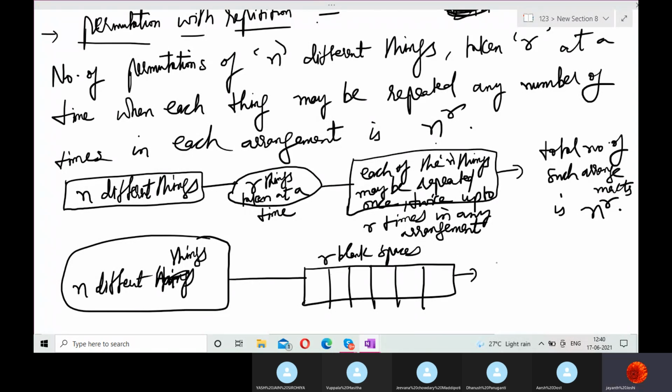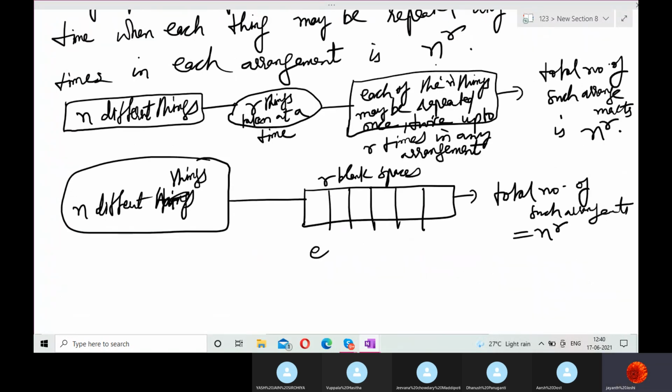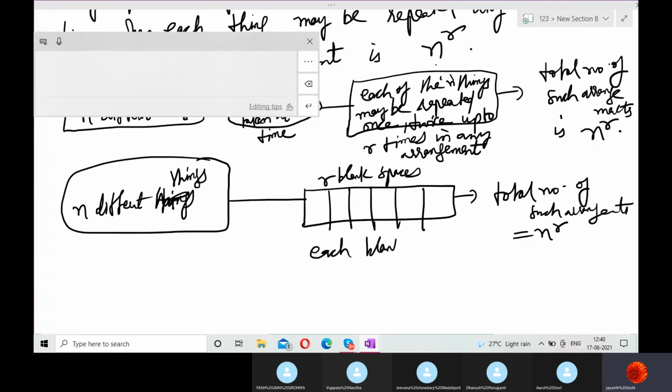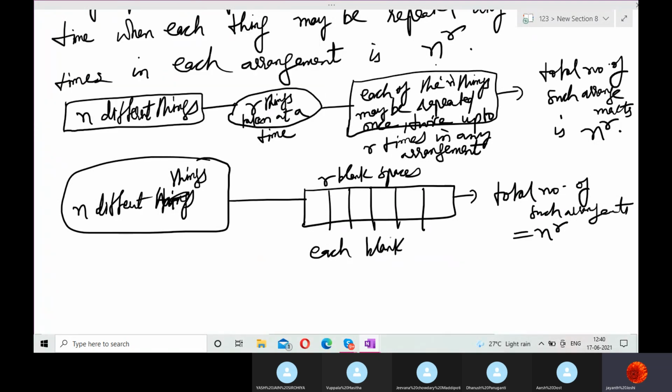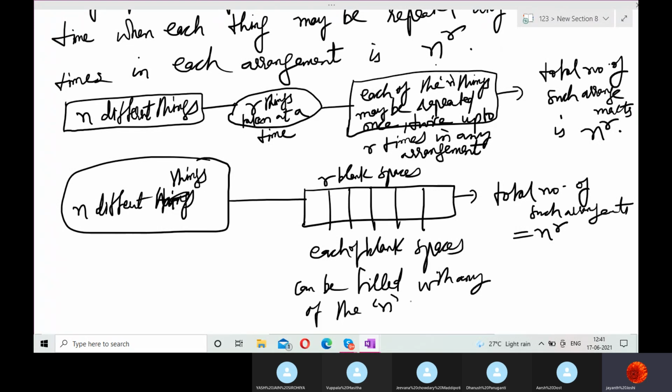Each of the blank spaces can be filled with any of the n given things.